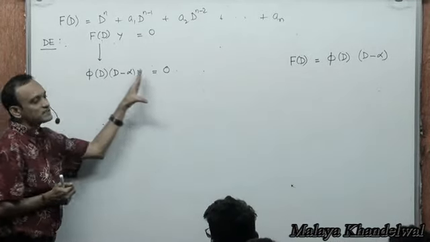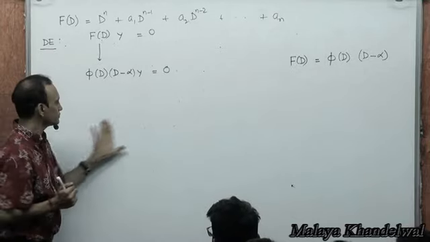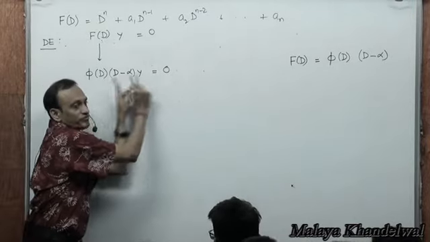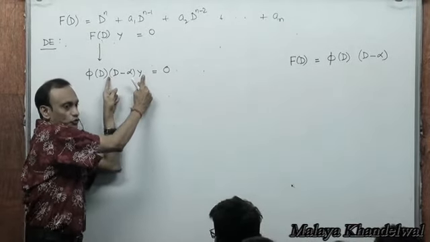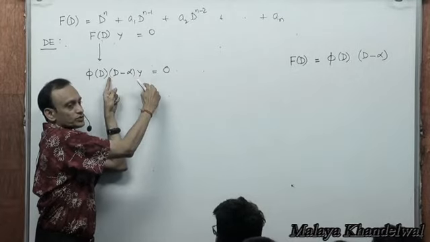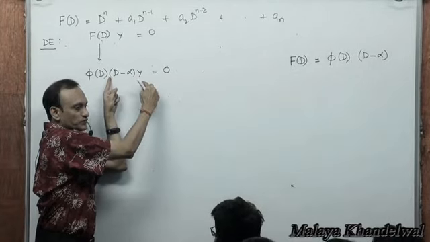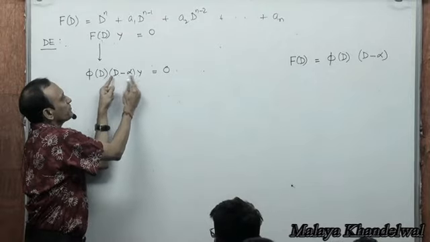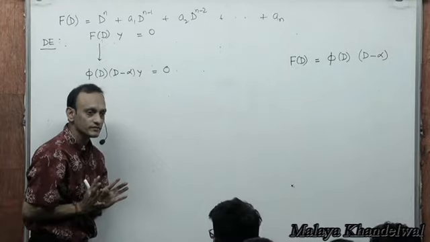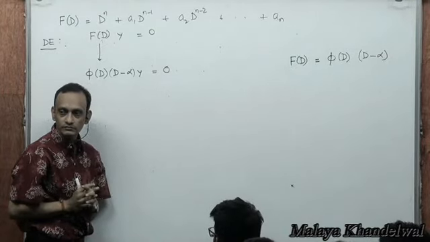Now, D minus alpha acting on y, and then phi(D) acting on this whole thing. There is an output that this produces. The operator phi(D) acts on this to produce an output 0.